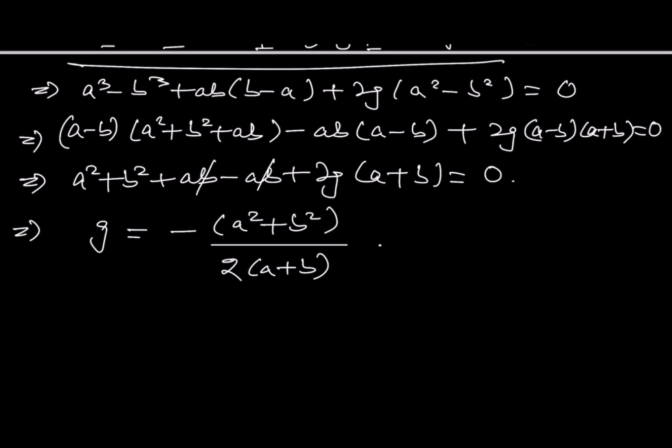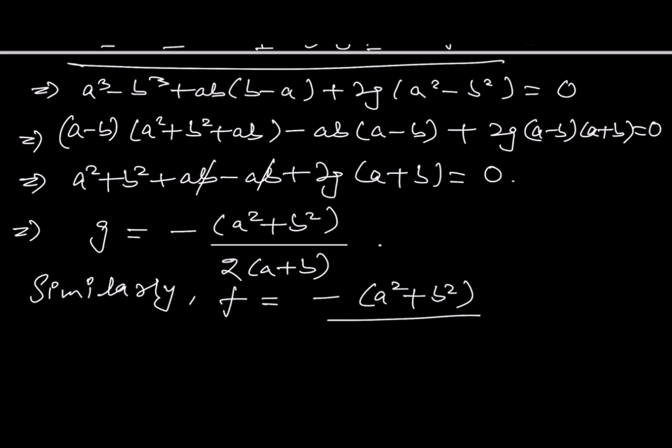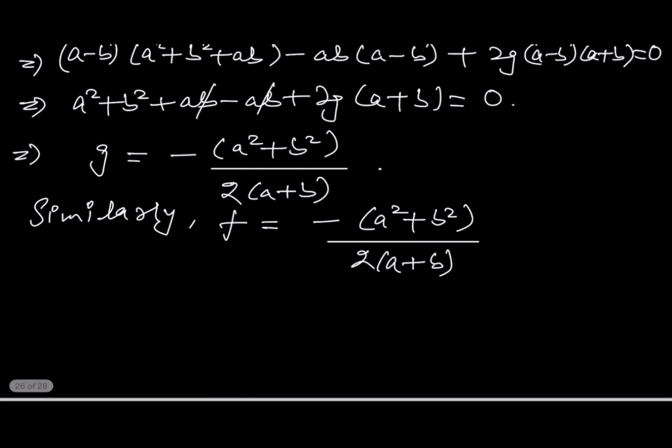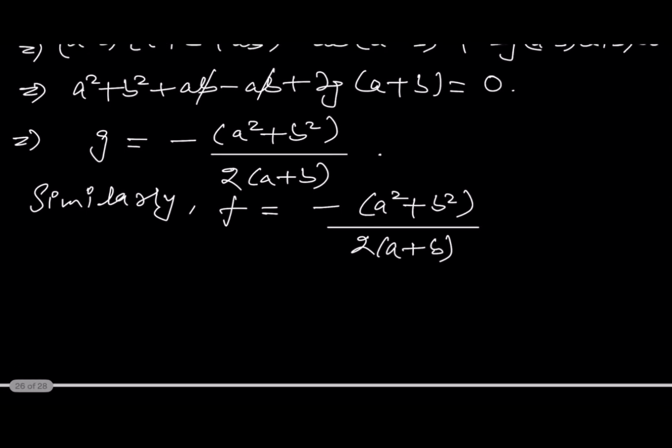Similarly, by putting g in the second or in the third, we can have f is equal to minus of (a square plus b square) upon 2 times (a plus b), right? So we can see g and f are equal. So now we can write the equation of the circle, because we have f, g and c.